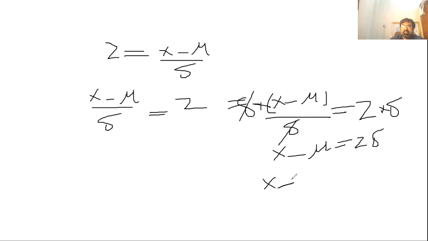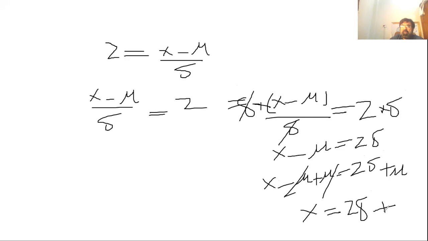So x minus mu plus mu is equal to z sigma plus mu. Now this is the formula for calculating an individual score from a z-score or from a percentile. If you are given mu, standard deviation, and z-score, or if you are given a percentile, the sigma and the mu, you can calculate the z-score from the percentile, then put the values of sigma, mu, and z, and you can calculate the x from this formula.